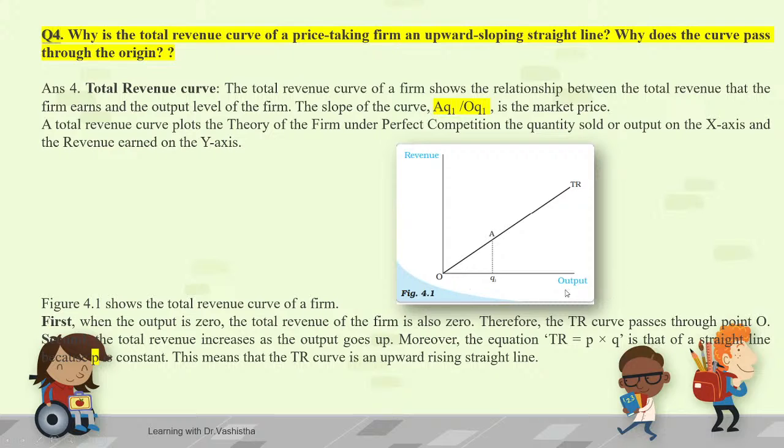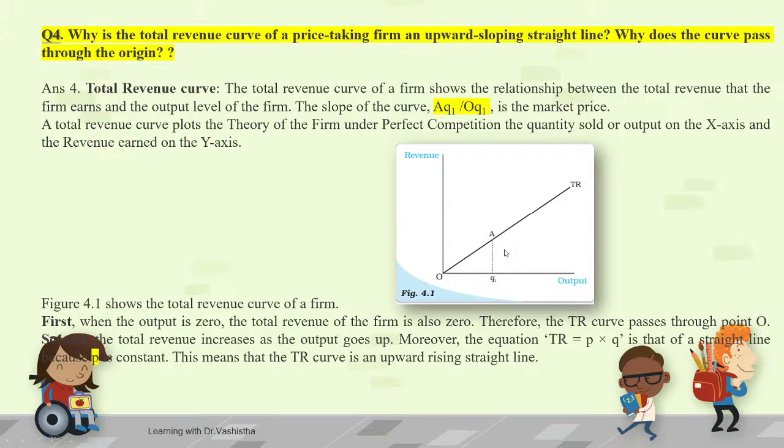Like here it is being shown in this figure 4.1. Here revenue is taken on the y-axis and output on the x-axis, and you can see that this TR, or total revenue curve, goes straight upward starting from the origin. The slope here will be AQ1 upon OQ1. The slope of this curve is the ratio of these two, AQ1 upon OQ1, and it is the market price.